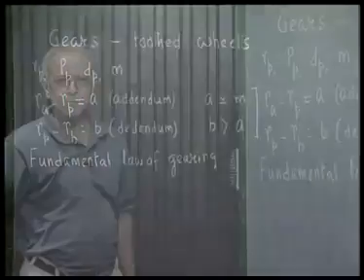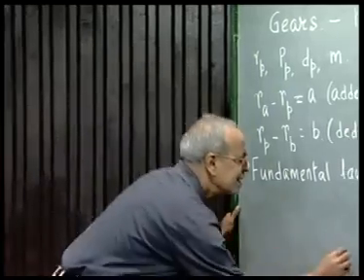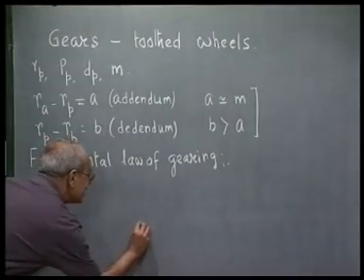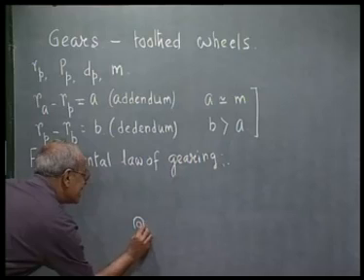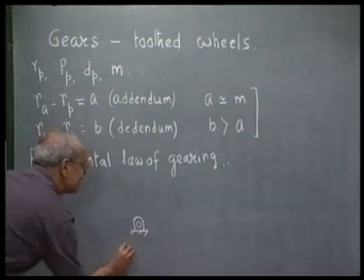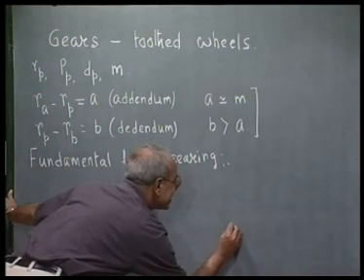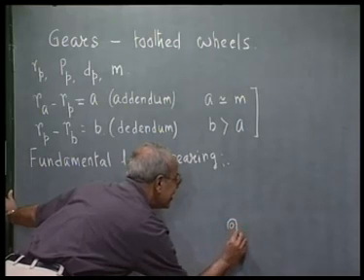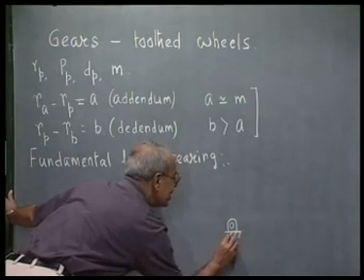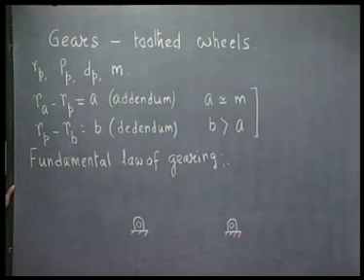To discuss the fundamental law of gearing, let us say one gear has this revolute pair with the fixed link here, and the other gear is mounted there, that is the revolute pair of the second gear mounted to its bearing.